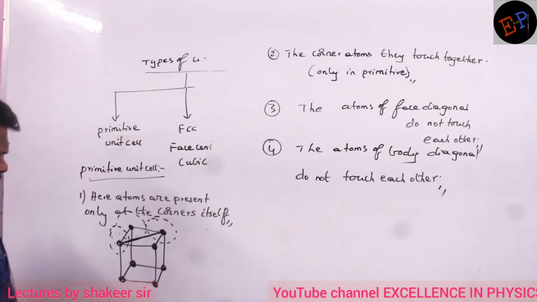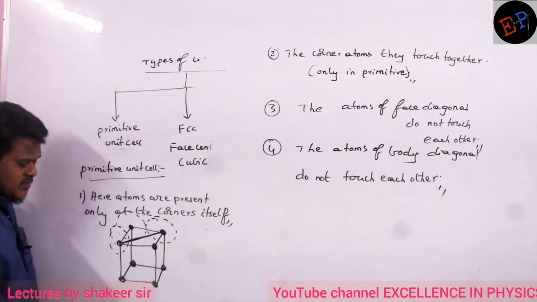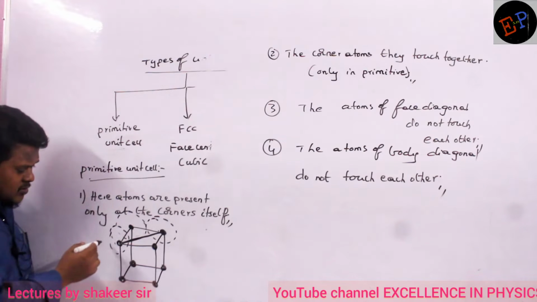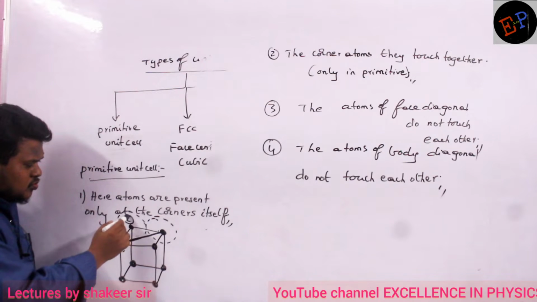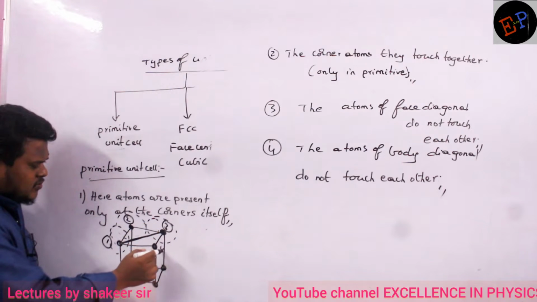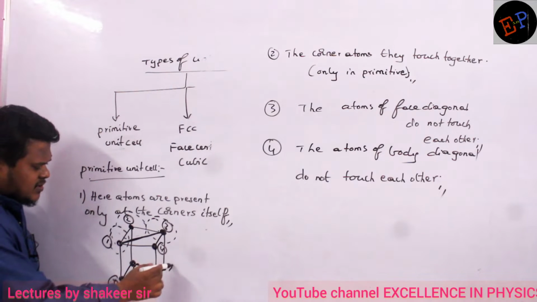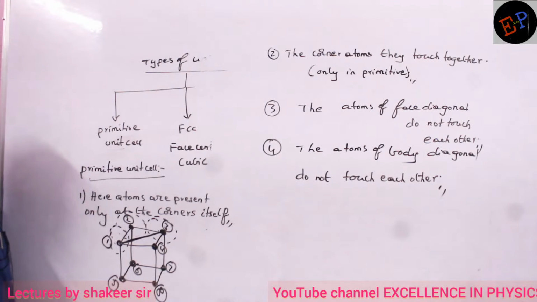Now can you say, in this primitive unit cell, what is meant by body diagonal? Let us name this as 1, 2, 3, 4, 5, 6, 7, 8. So if you draw a body line, which atom and which atom will you touch?